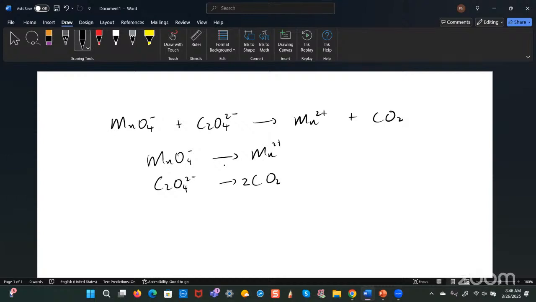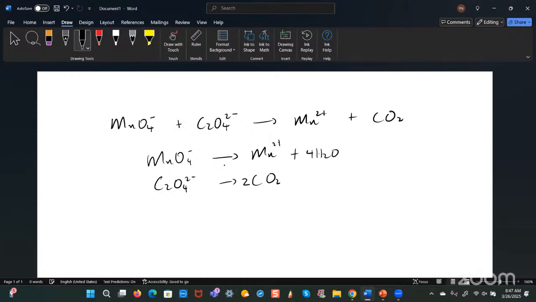Add H2O to balance the oxygen. Okay, very good. So for the first half equation, to which side would you add the water and how many water molecules would you add? The product side. You're talking about the first half equation? To which side would you add it? On the product side, okay, and how many would you add? 4.